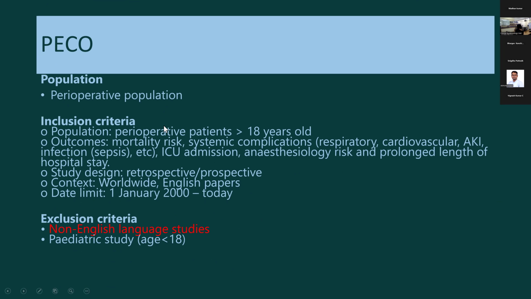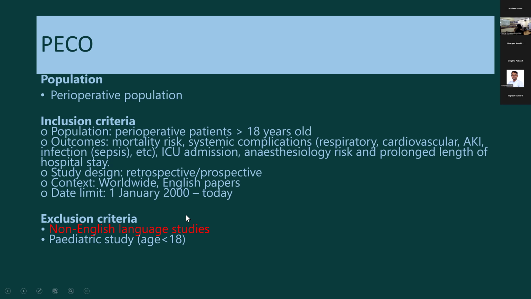They included patients more than 18 years of age, with outcomes being mortality risk, systemic complications which include respiratory complications, cardiovascular complications, AKI, infection, etc., ICU admission, anesthesiology risk, and prolonged length of hospital stay. They included both retrospective and prospective studies, published worldwide in English language, with a date limit from January 2000 to 2023.